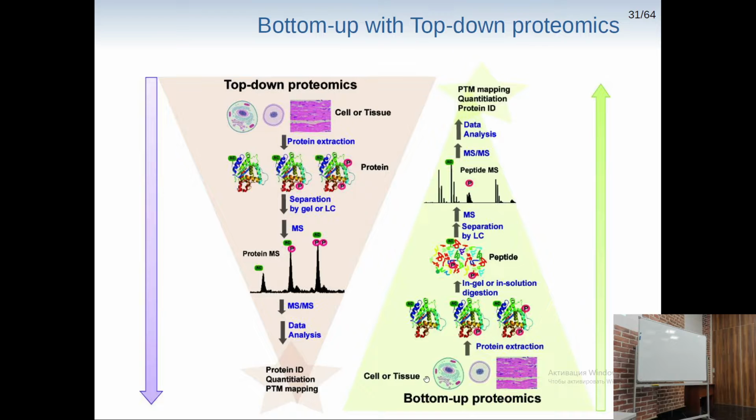And we can get the same information differently. We can actually start with proteins. We can get only some proteins which we are interested in, for instance, by gel, by chromatography, by any means possible.